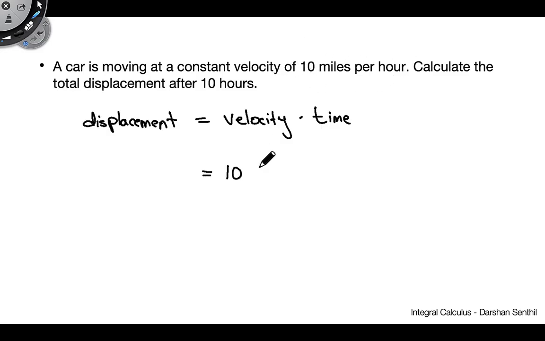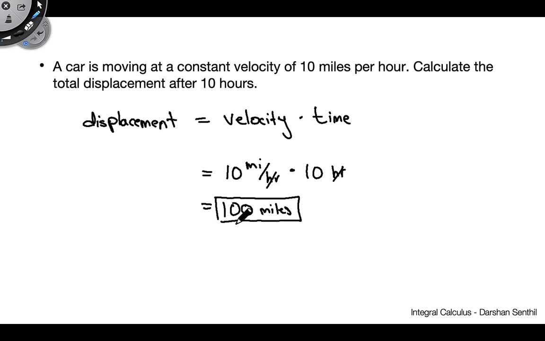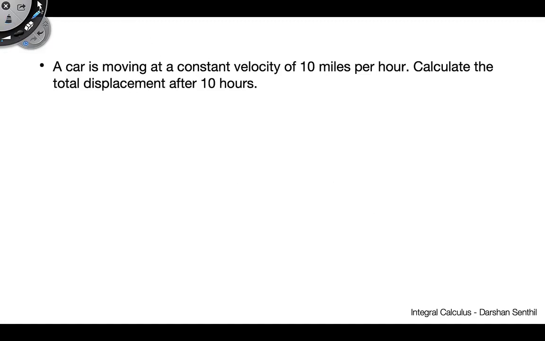So we have 10 miles per hour times 10 hours. The hours cancel out, so all we're really left with is a total of 100 miles. Right? Nothing complicated here, just multiplication. Right? Let's do another example.